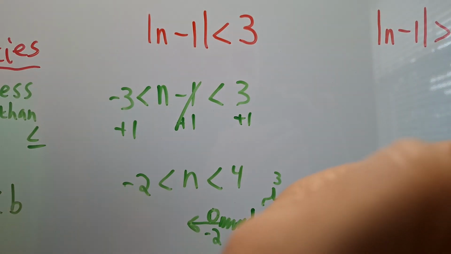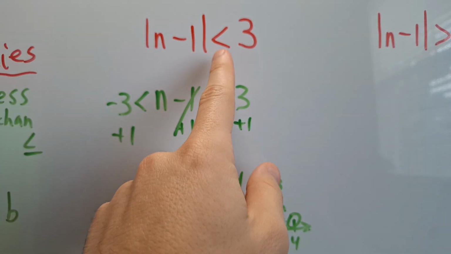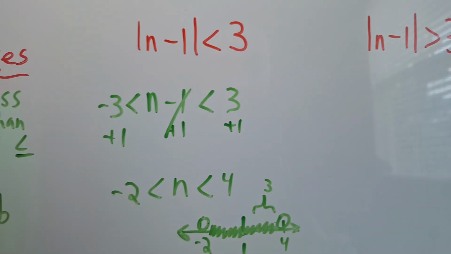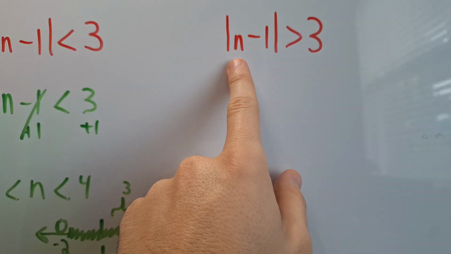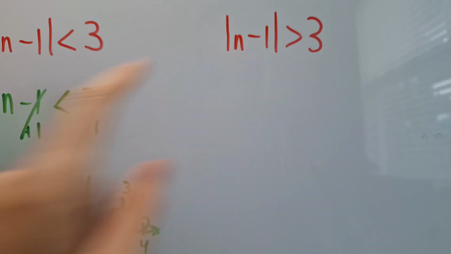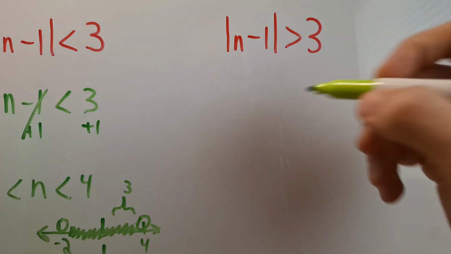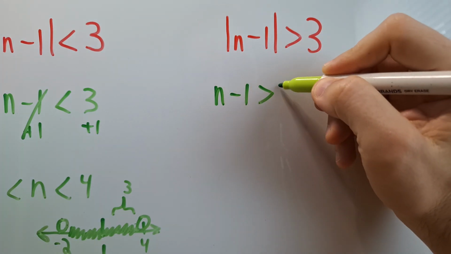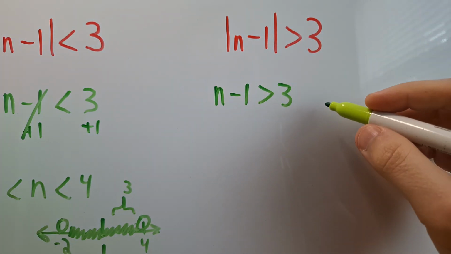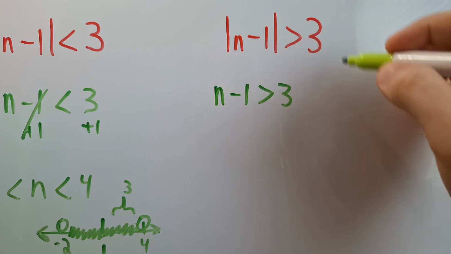So let's now look at the same expression, but with the other symbol. Now we have the absolute value of n-1 greater than 3. We'll have n-1 is greater than 3, but then we also have to account for the negative of this.